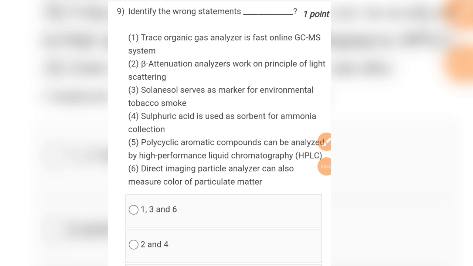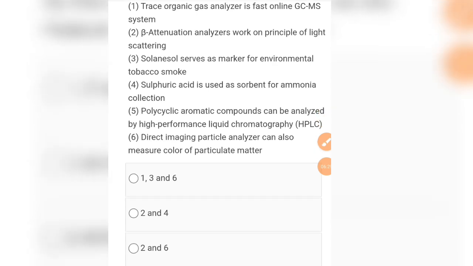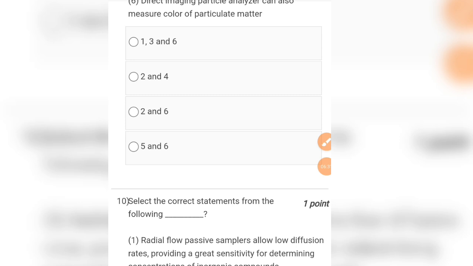Statement 4 is sulfuric acid is used as solvent for ammonia collection. Statement 5 is polycyclic aromatic compounds can be analyzed by high performance liquid chromatography, HPLC. And point 6 is direct imaging particle analyzer can also measure color of particulate matter. So the wrong statements are statements 2 and 4. So the correct answer for question number 9 will be option B, 2 and 4.